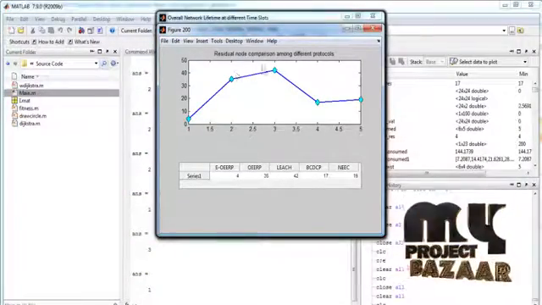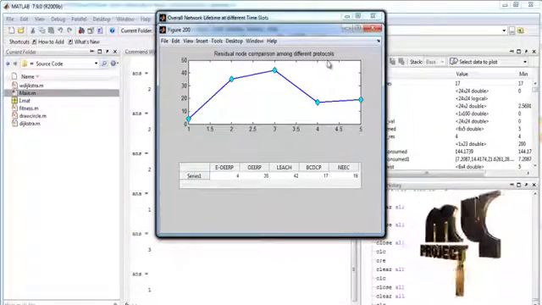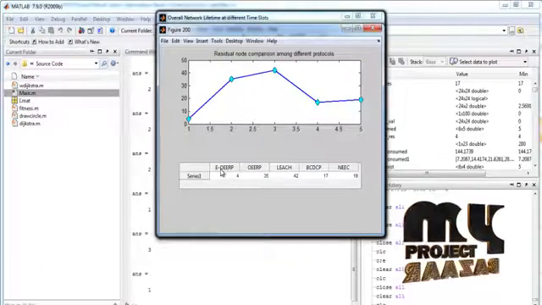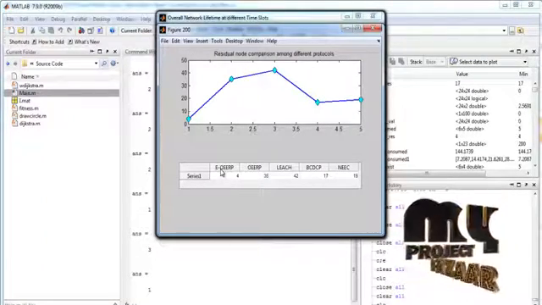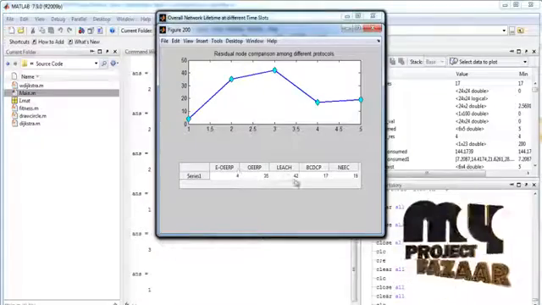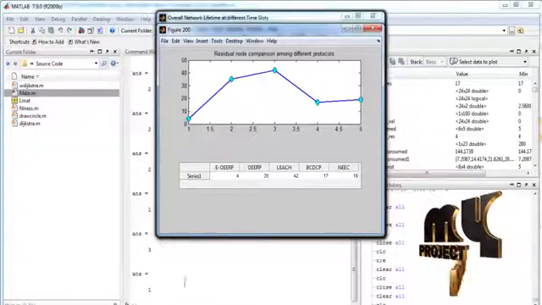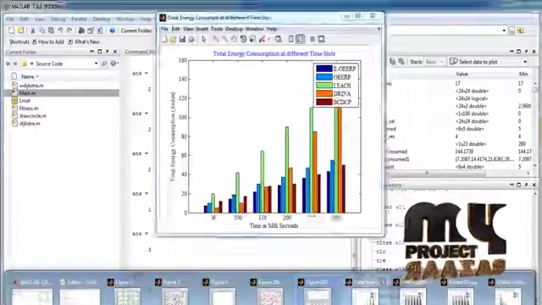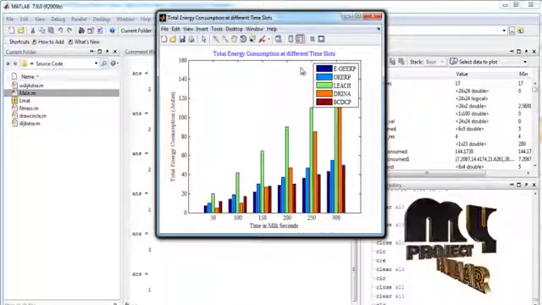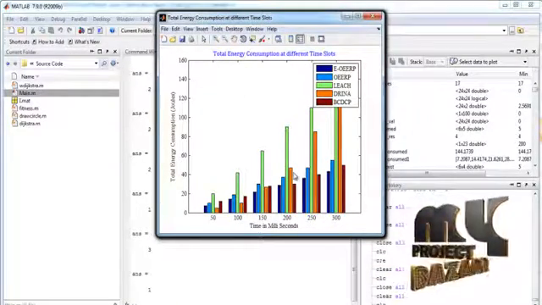This is the residual node comparison among different protocols. Here the comparison is performed with the EOERP against other existing methods, and this is the total energy consumption at different time slots.